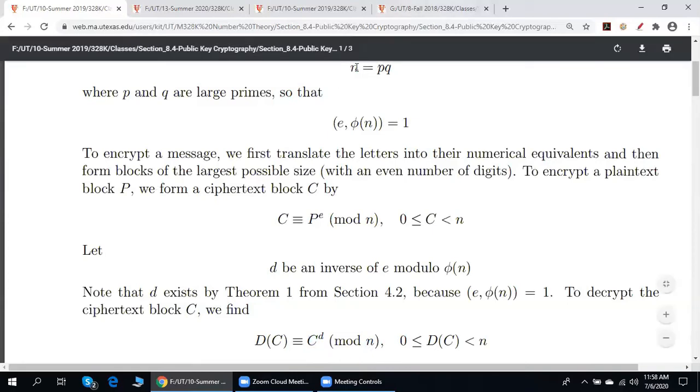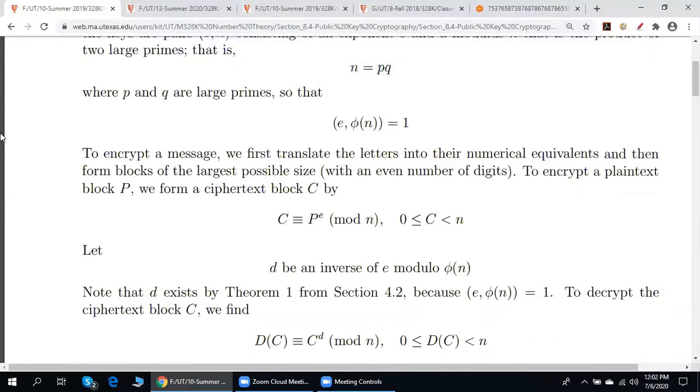Let us go back to this. If p and q are huge, it's not so easy to find their product. However, it is fundamentally harder to factor n without knowing p or q.